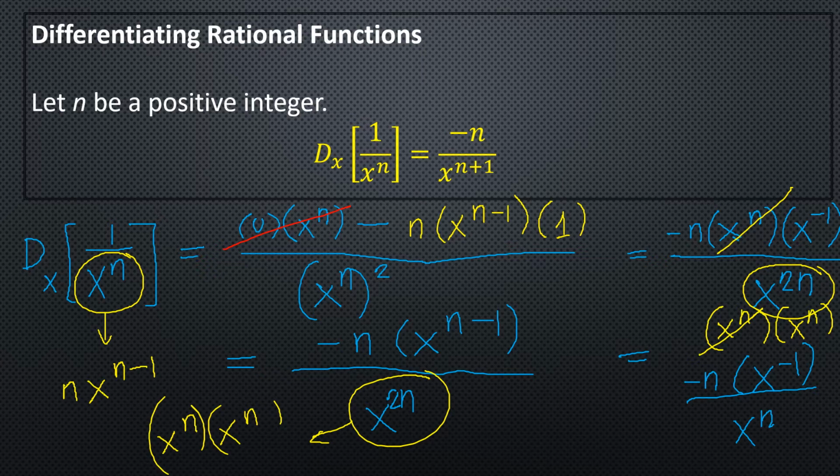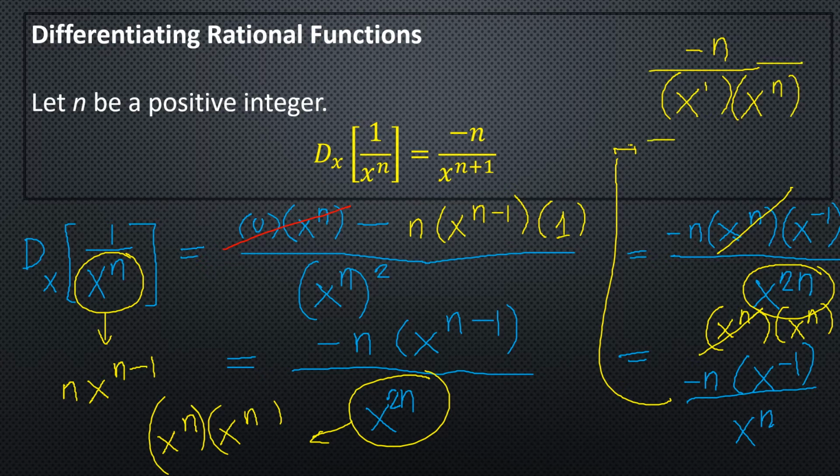And this negative 1 exponent on the numerator, we can move down. Okay? So it will now become negative n over x raised to 1 times x raised to n. Now combine, since they have the same base x, so we have negative n over x raised to n plus 1.